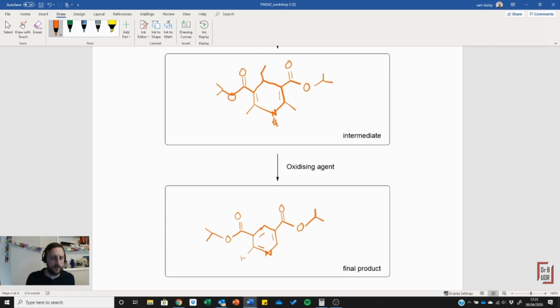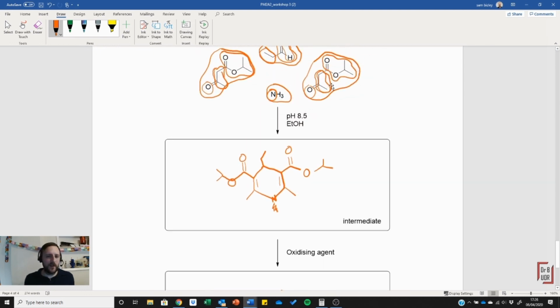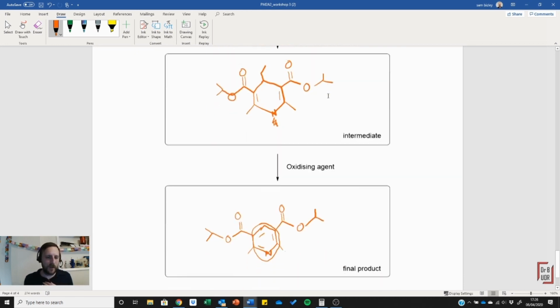Maintain our, oops, let's leave that as a methyl group. They stay as methyl. This is now aromatic. Okay, this is what we would recognise as being pyridine. And we've got all our substituents that are formed on the side based around that ring structured molecule that we have. Okay?